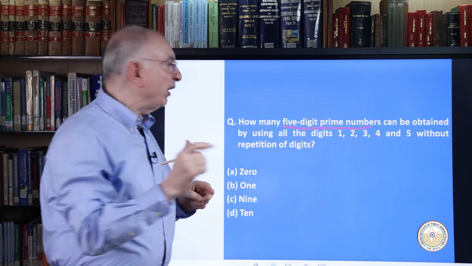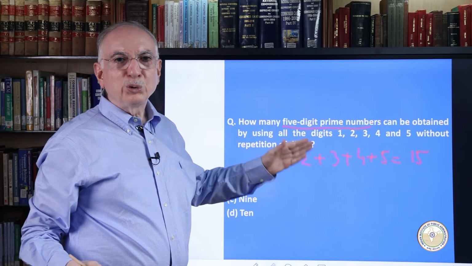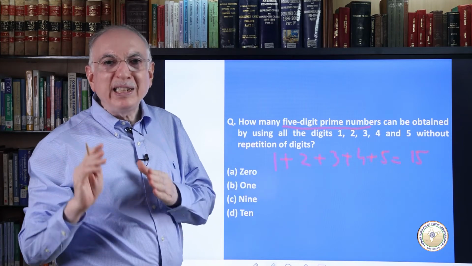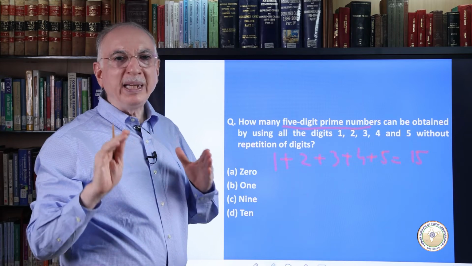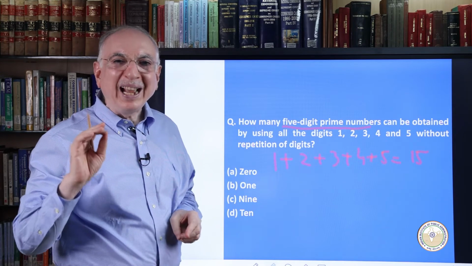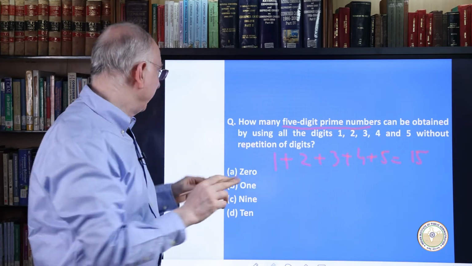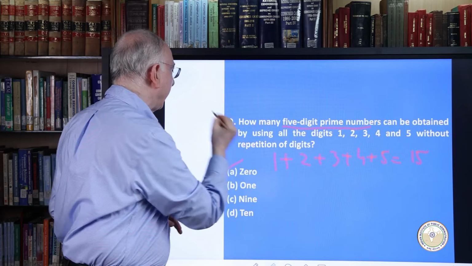Here the sum of the given digits is 15. Now this is divisible by 3. So any number formed using these 5 digits will always be divisible by 3. Hence no 5-digit prime number can be made by using these 5 digits without repetition. Therefore option A is the right answer.